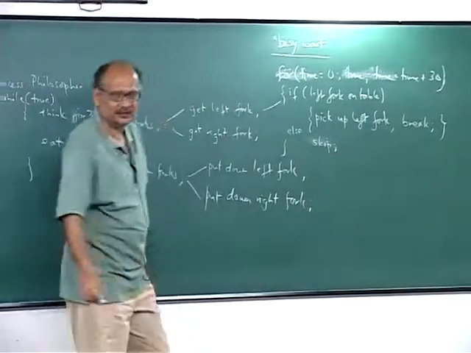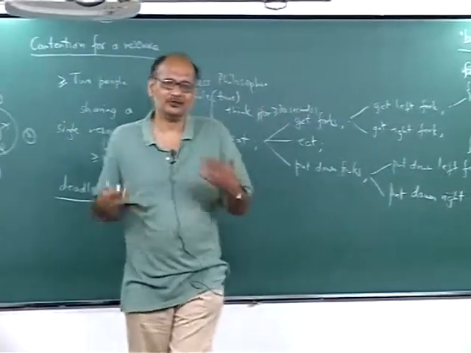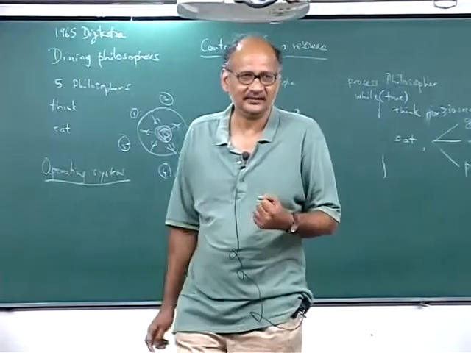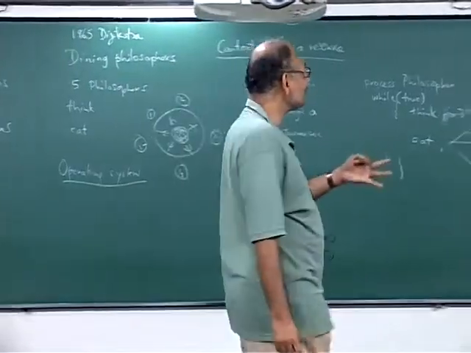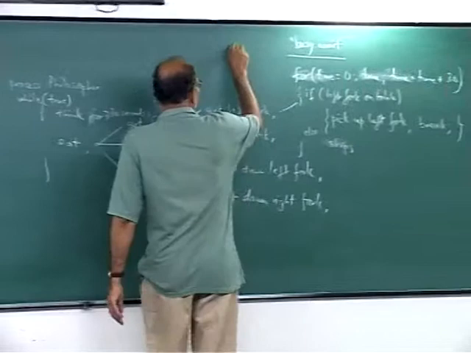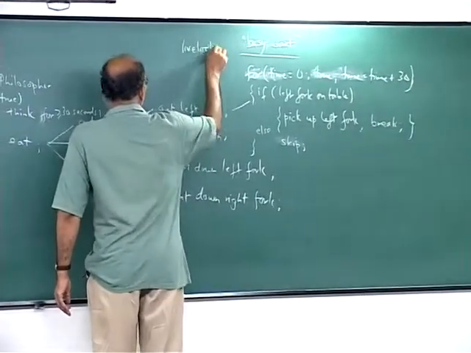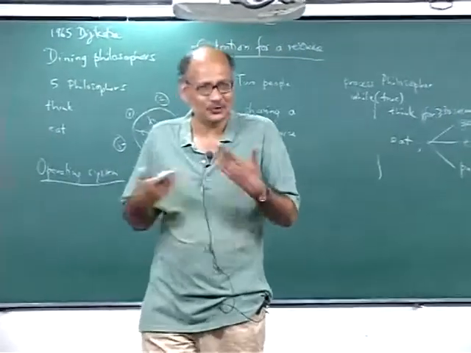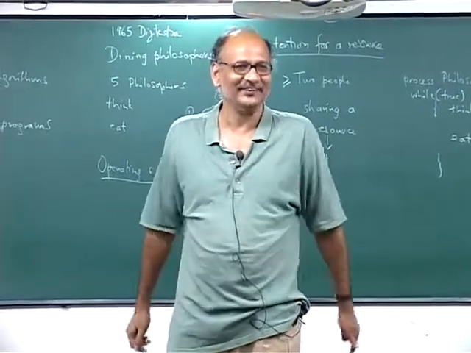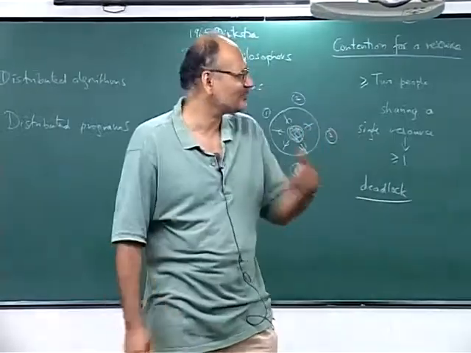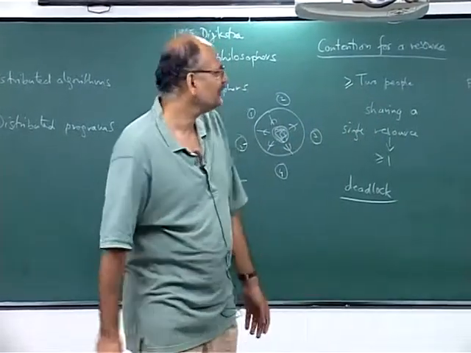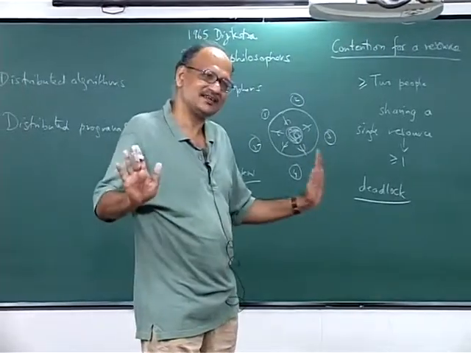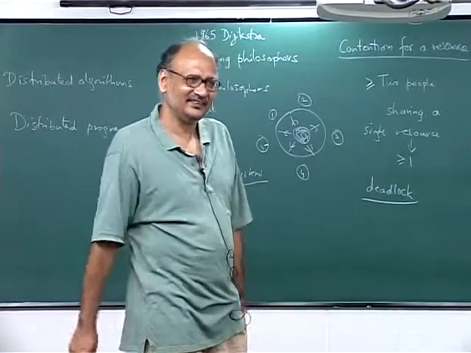All of them keep doing a busy wait. Sometimes people say this is called livelock rather than deadlock, because the processes are all doing something but yet not getting what they want, whereas deadlock is when you are passively waiting.